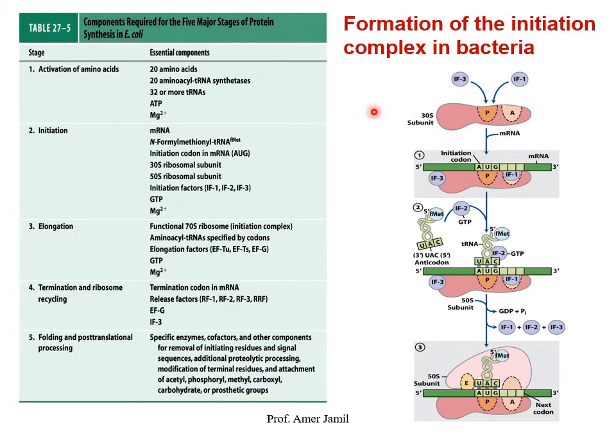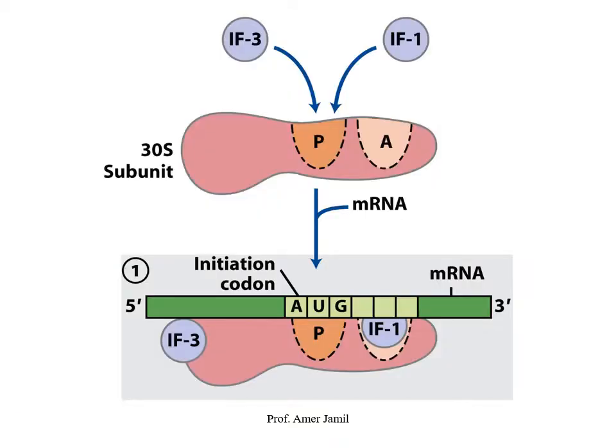So this is the formation of the initiation complex in bacteria, and here you can see the requirements for initiation; it will be clearer from the slides. At first there is a 30S ribosomal subunit which contains P and A sites. Then there are initiating factors.